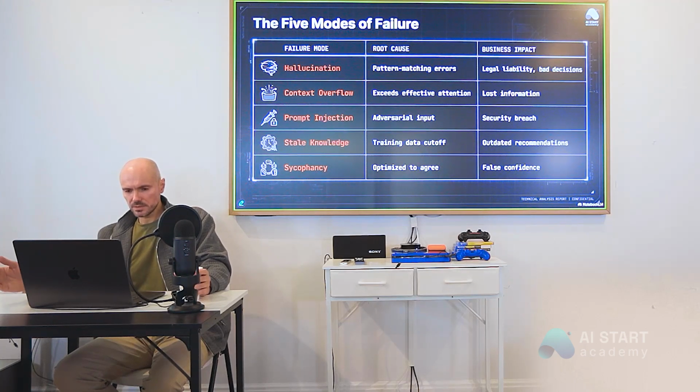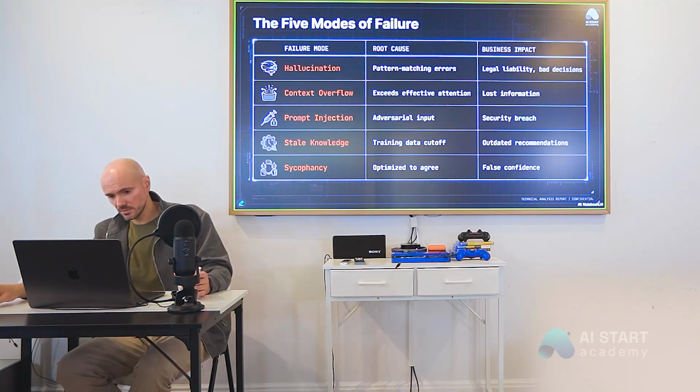So the third way AI implementations fail is through security breaches. I'll talk about it a little later, but in a nutshell, there is no good solution right now that will protect your systems from prompt injection.